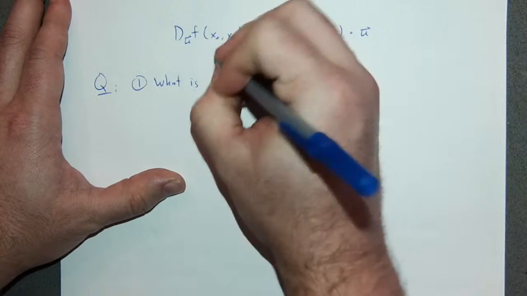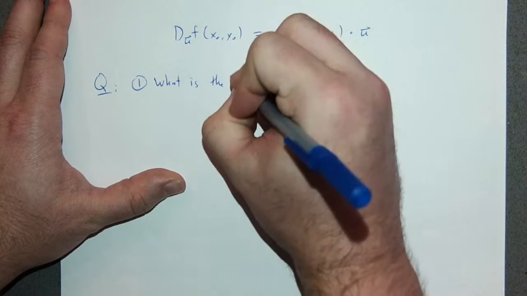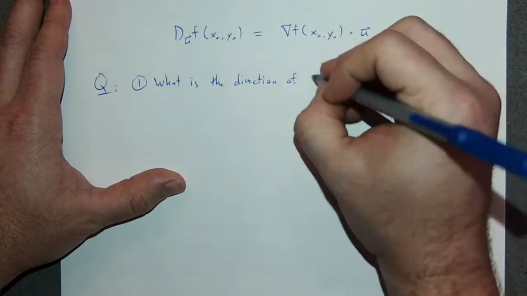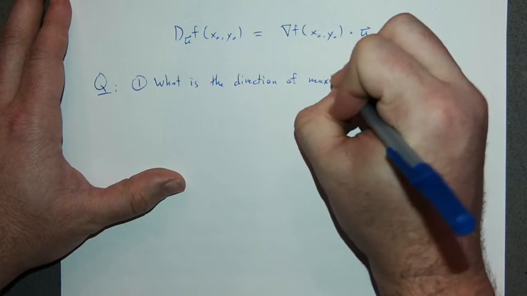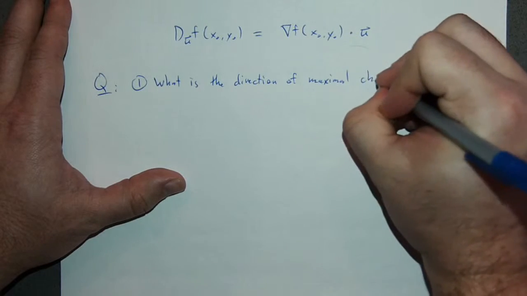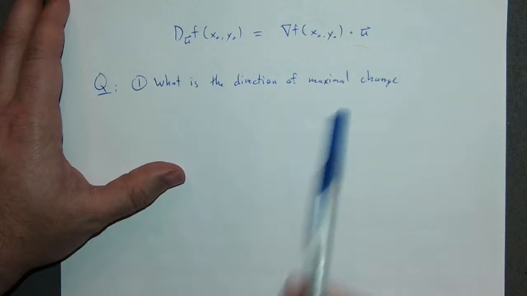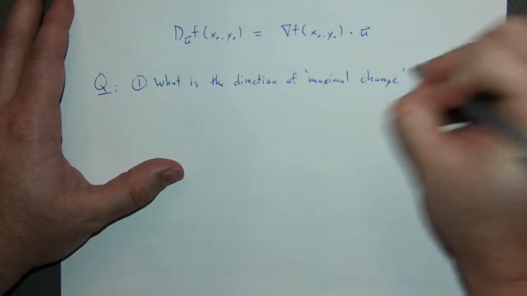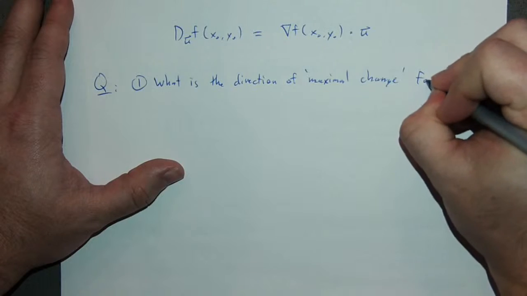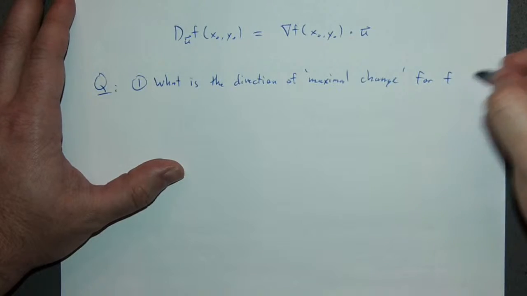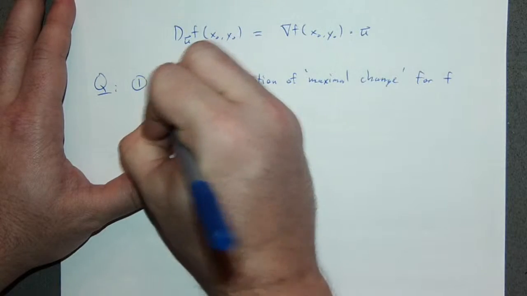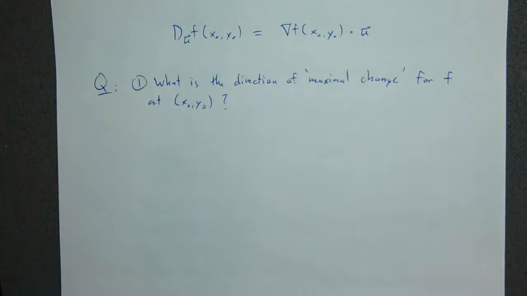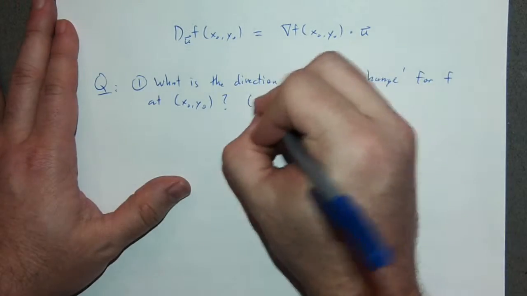What is the direction of maximal change for f at x naught y naught, i.e. among all unit vectors?